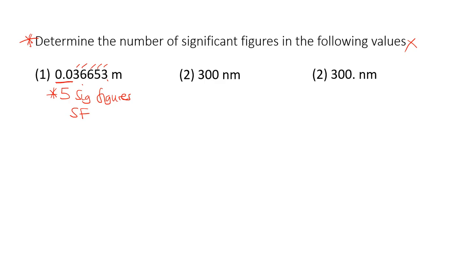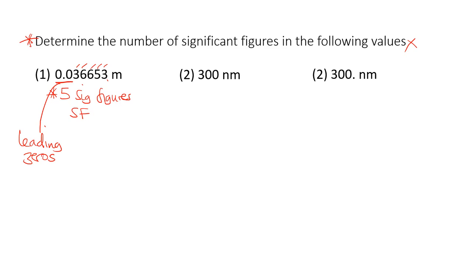So these are not trailing zeros as such. These are leading zeros, not trailing zeros. So number 2, 300.